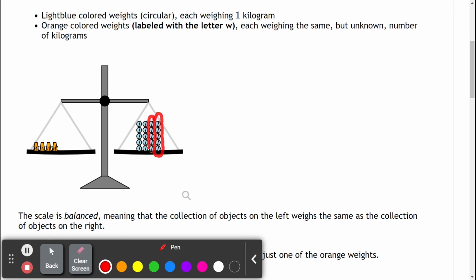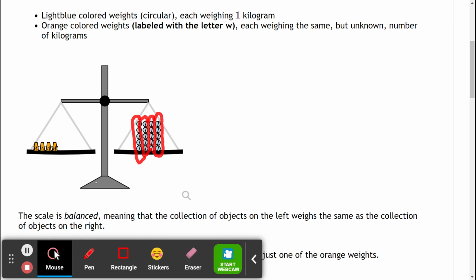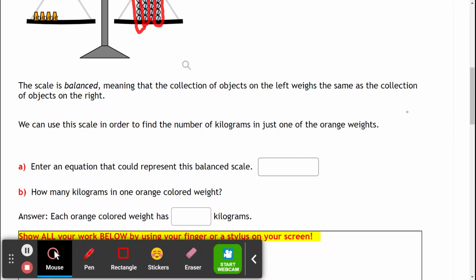There's one group, two groups, 3 groups, and 4 groups. How many in each group? 1, 2, 3, 4, 5. So W is equal to 5, but I think I got ahead of myself here.